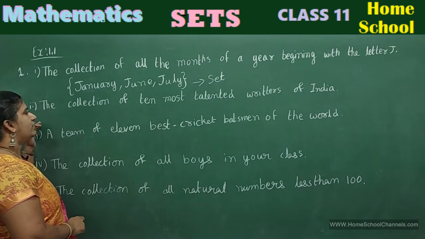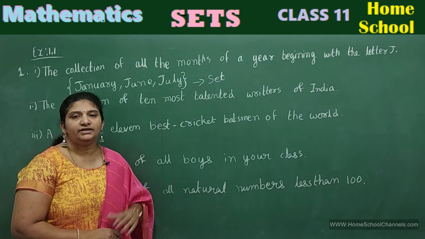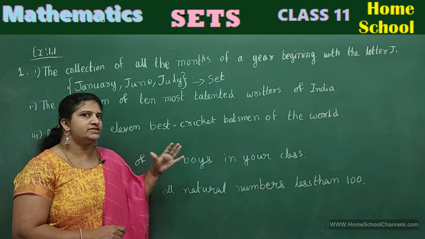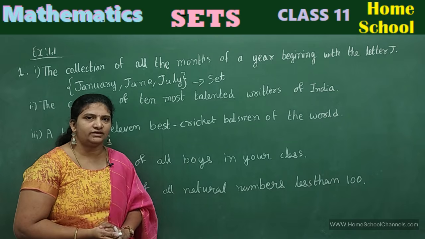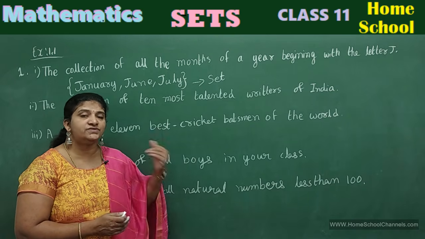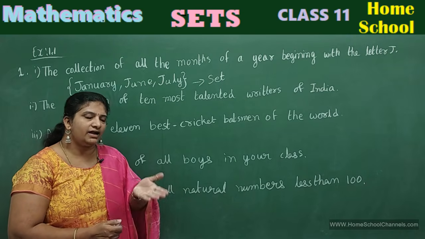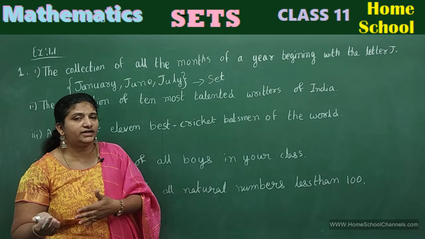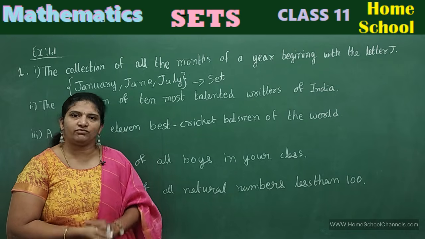So second one. The collection of 10 most talented writers of India. Most talented is vague. Why? It differs from person to person. One may say 10 writers and another may say other 10 writers, or 5 writers may be common.